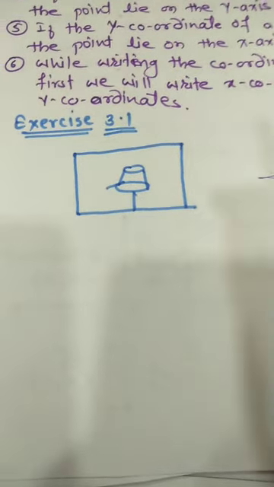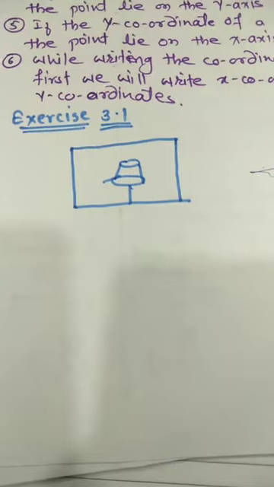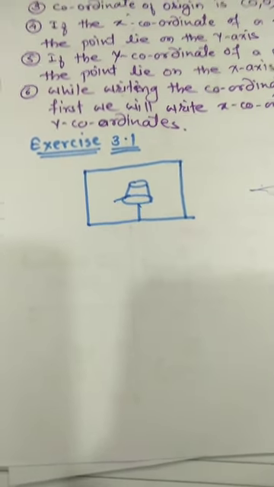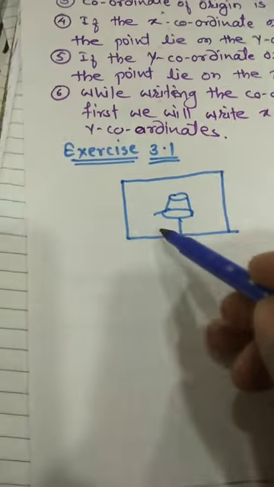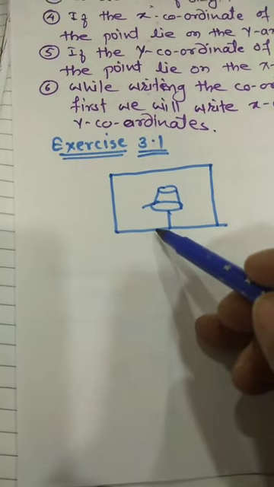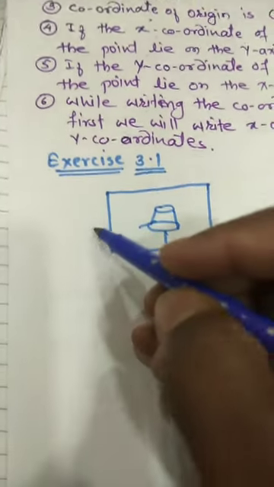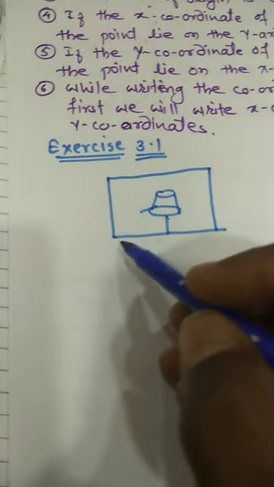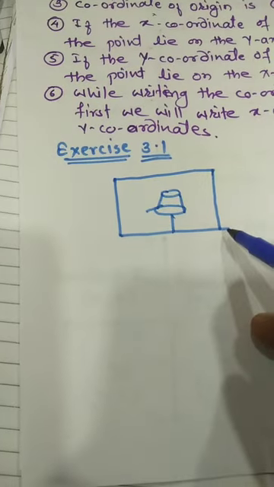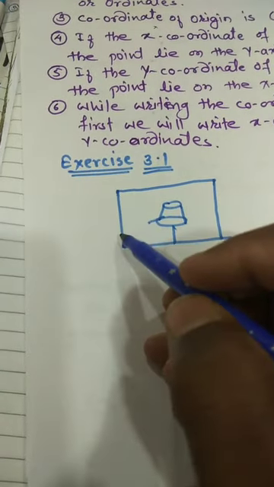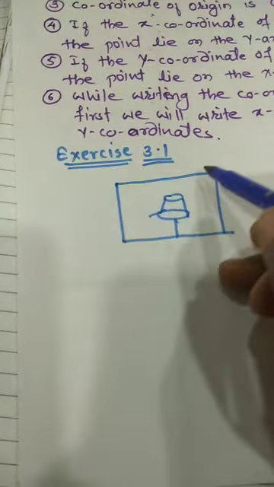He decided the two axes. In the same way on the table, a table has four sides. Out of those four sides, we have to consider two adjacent sides, one vertical line and one horizontal line. Consider the horizontal line as the x-axis and the vertical line as the y-axis.